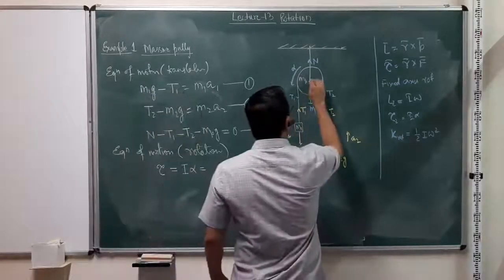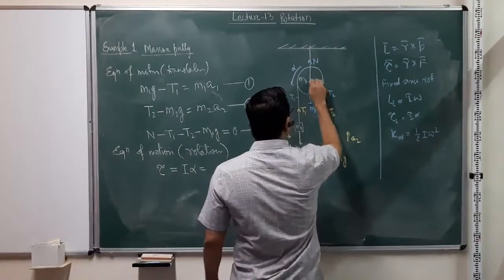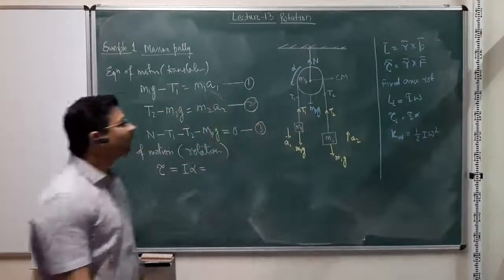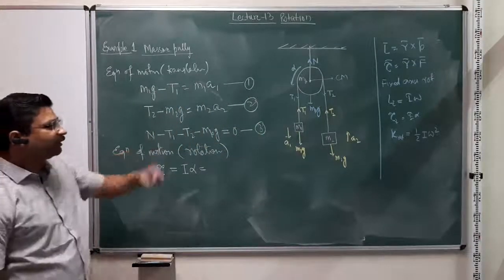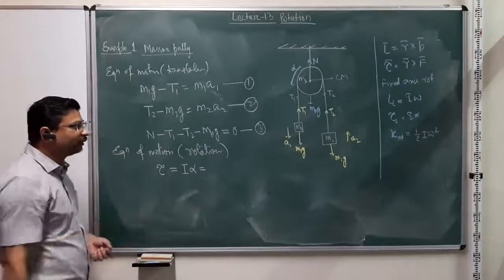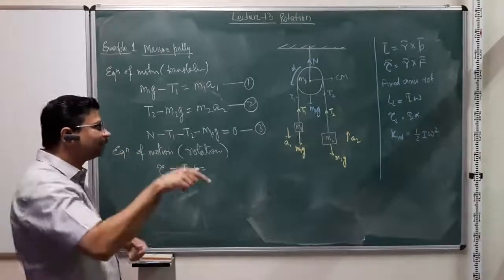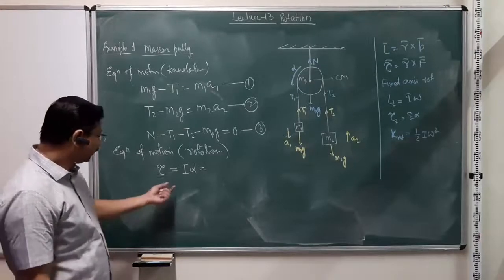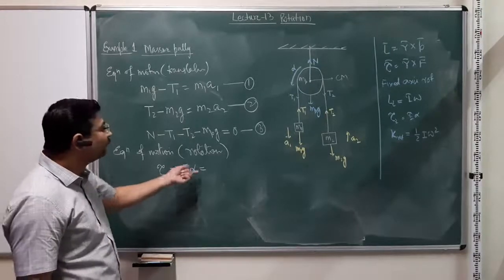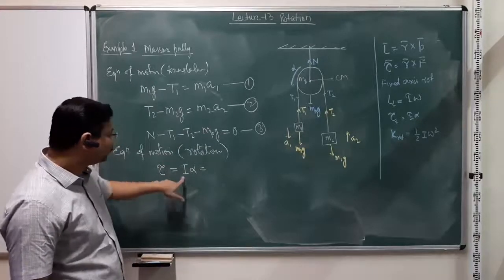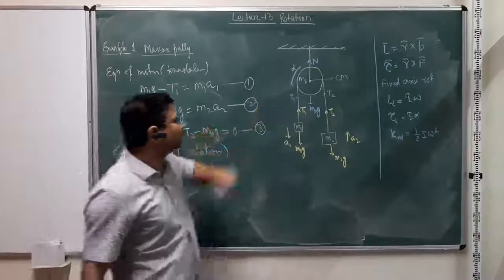This is not actually mentioned in the problem, but what is given is that this is also the center of mass of the pulley. So the axis is perpendicular to the pulley, which could be taken as a disc, and passes through the center of mass of the disc, right? So tau is I alpha, where we know the value of I and alpha, and this is equal to the torque applied on the pulley.